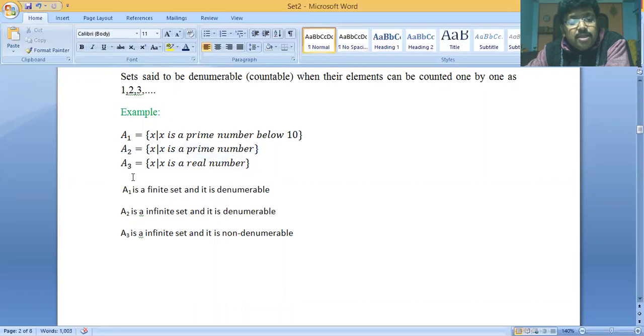So A3 is an infinite set and it is non-denumerable, because it is a real number. It cannot be counted. So A3 is not a denumerable set.